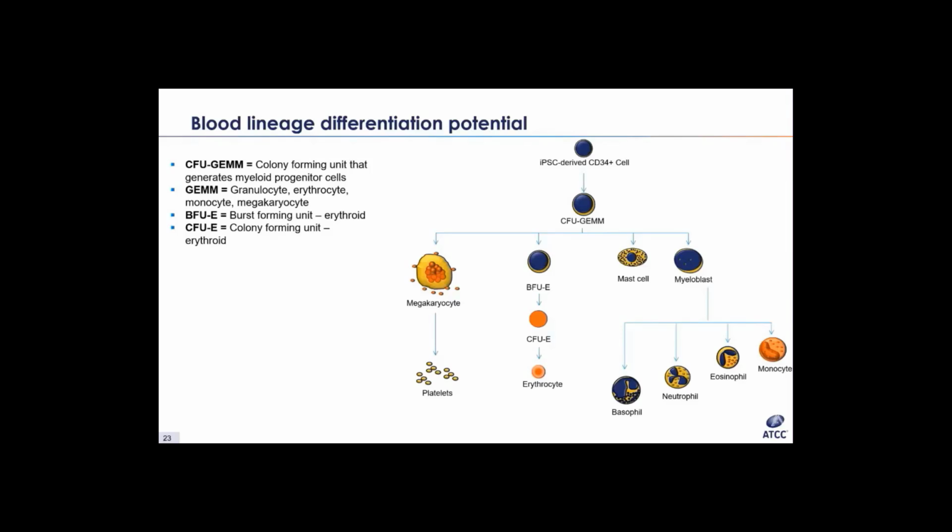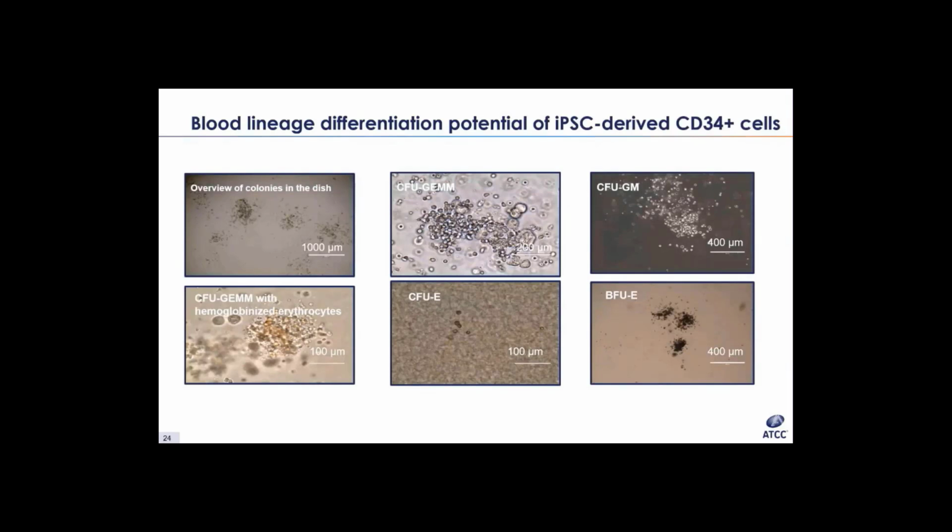CFU-GEMM can also specialize into mast cells. The cells can also be coaxed into becoming myeloblasts, which differentiate into the various granulocytes or other components of the immune system. And so I'm showing you some of that differentiation potential in this slide.